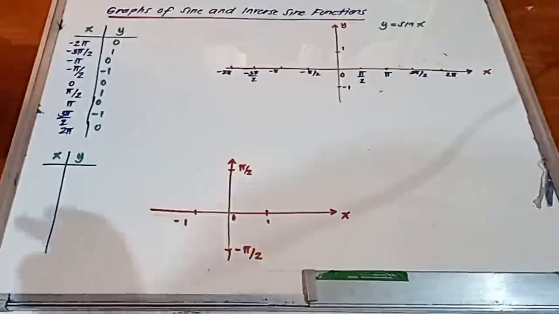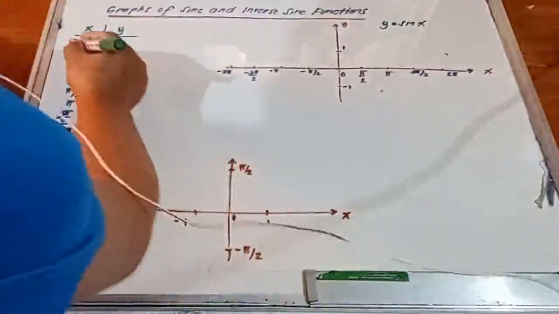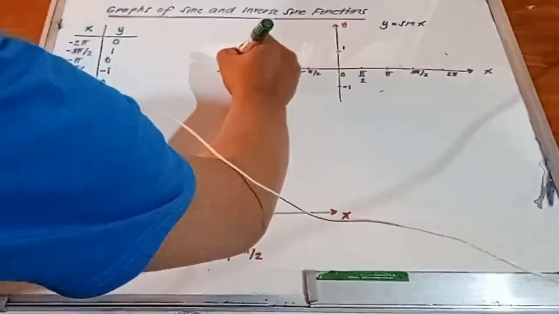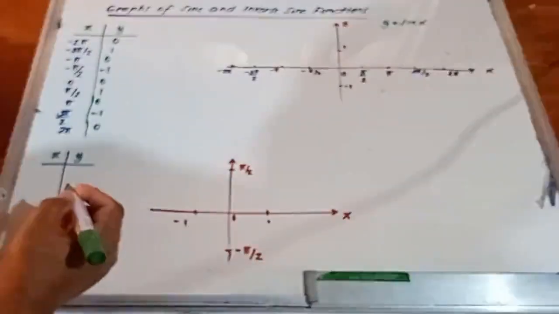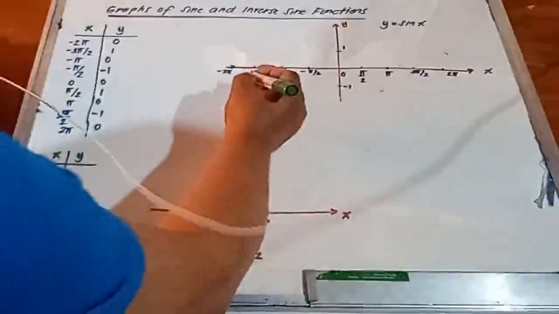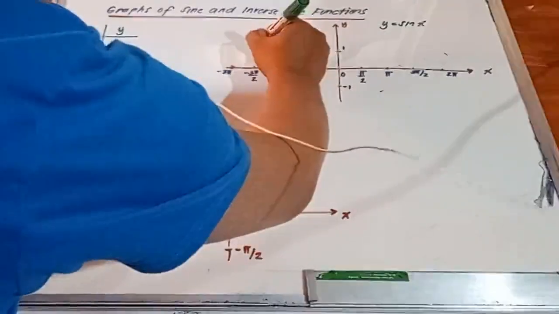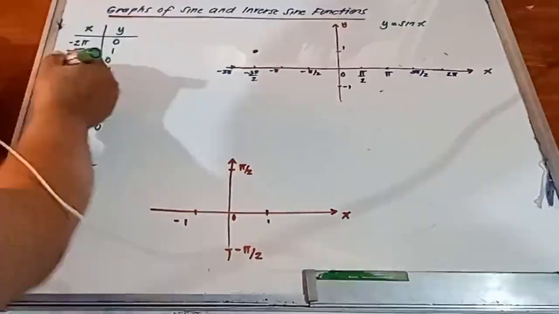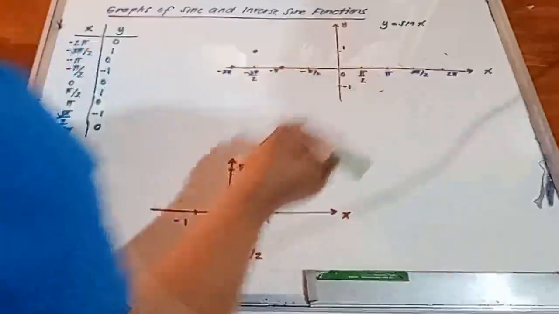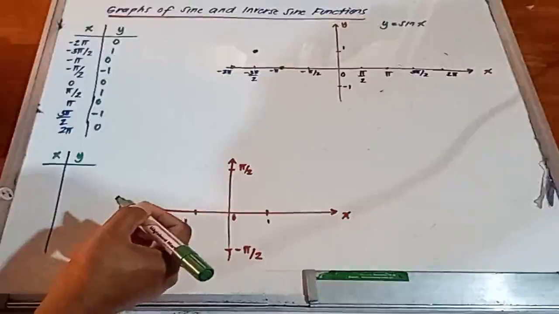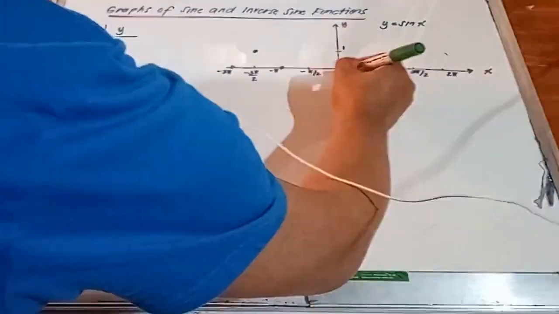So, kung ipa-plot natin yung mga points na yan, yung ordered pairs na yan, ganito siya. Negative 2 pi, 0. And then, negative 3 pi over 2, 1, dito sa taas. Negative pi, 0 here. And then, negative pi over 2, negative 1, somewhere here.